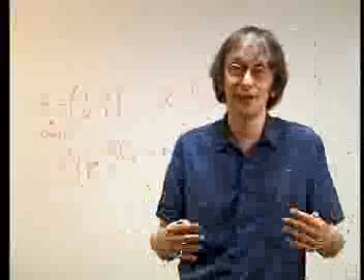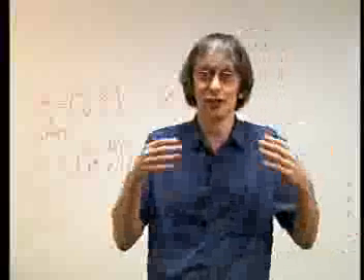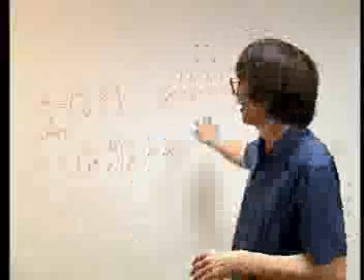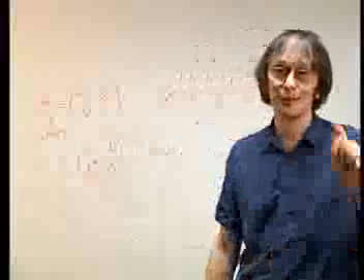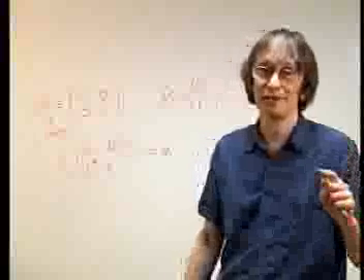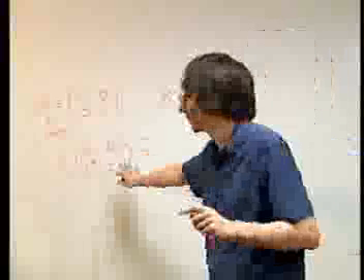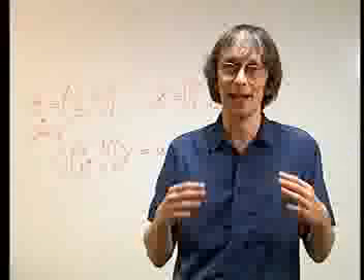And this translates to a probabilistic prediction. The probability of each of these two outcomes is 1/2. So the observable X is not sharp. In fact, it's as far from being sharp in this state as a Boolean observable can get.